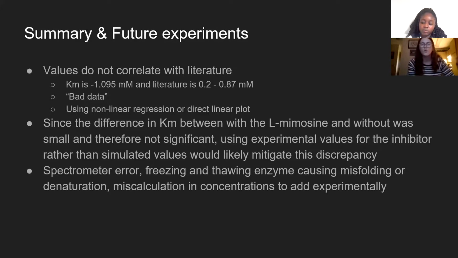What I read on some graduate forums to mitigate having a negative Km, because we don't necessarily want that in this case, is that we could use things such as a non-linear regression or a direct linear plot.